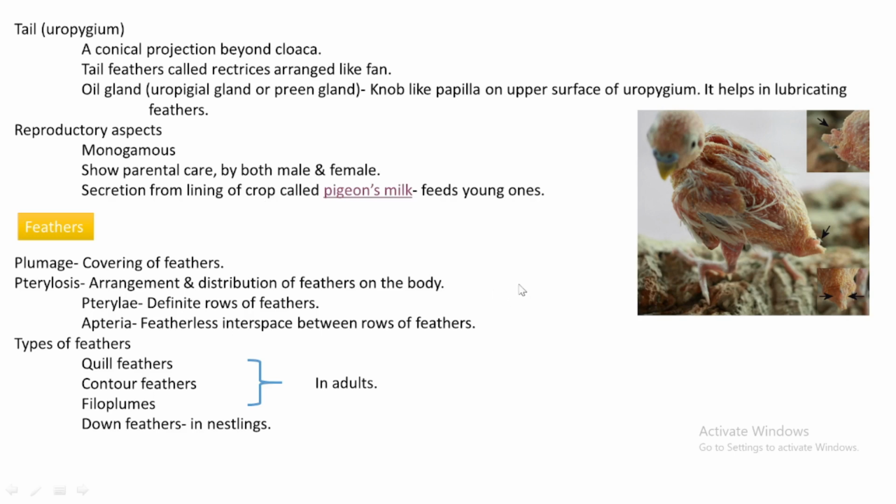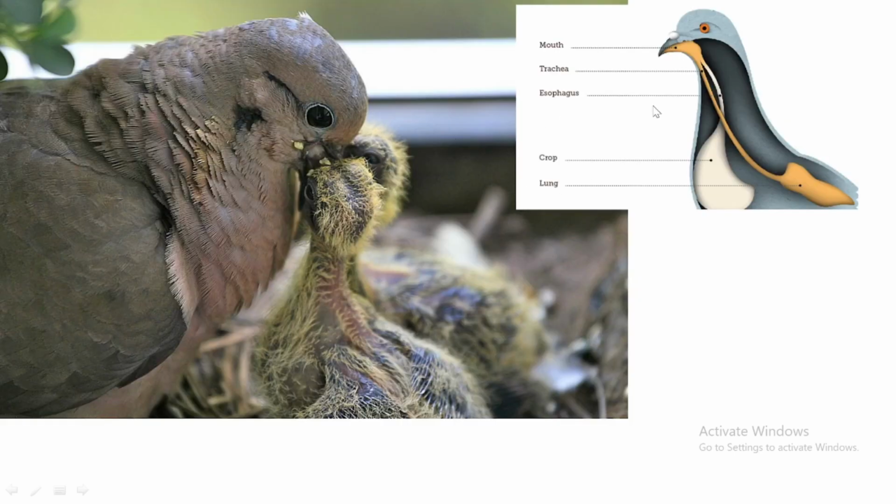Crop means, I will show you the position of the crop. In pigeon, the mouth leads to the esophagus and that leads to the crop, and its lining secretes milk for the young ones after they hatch out.